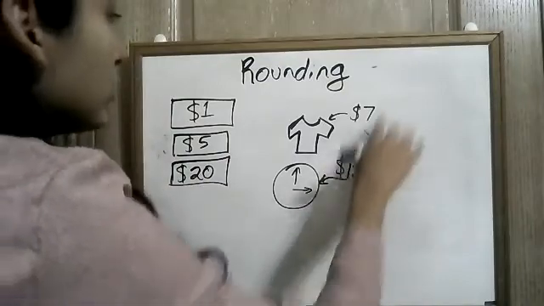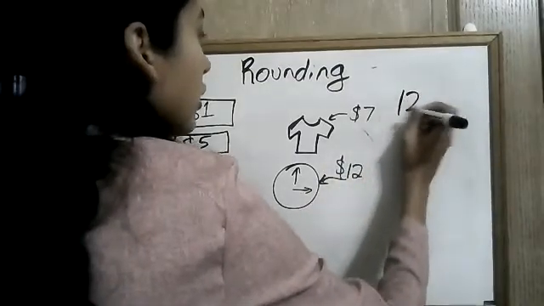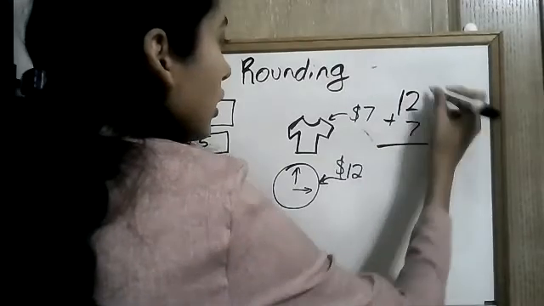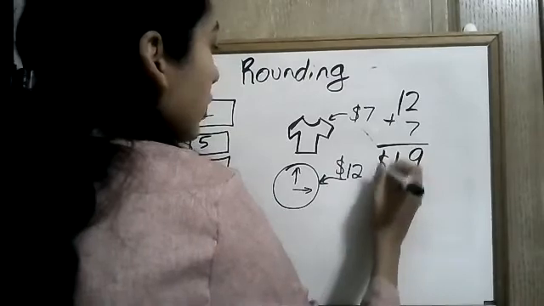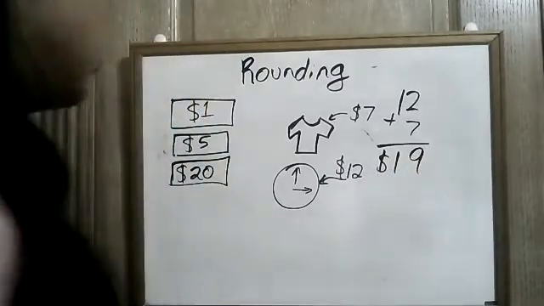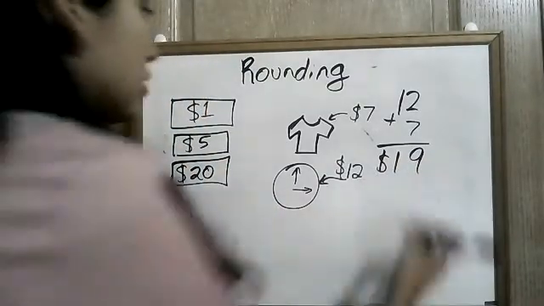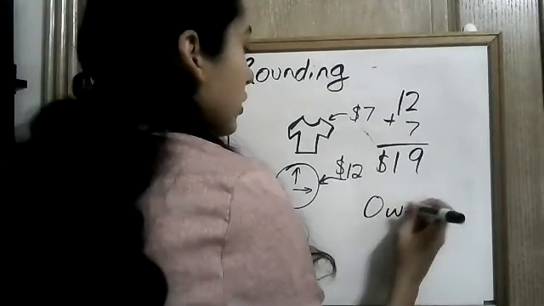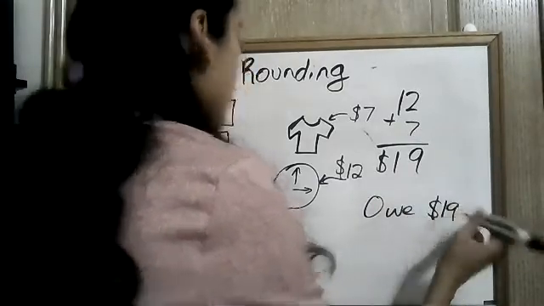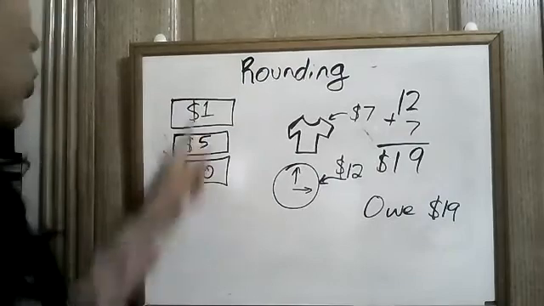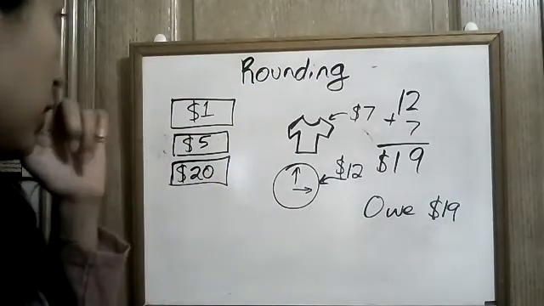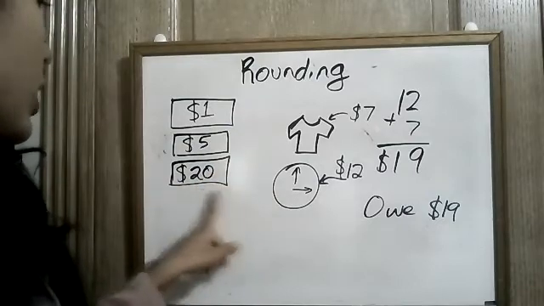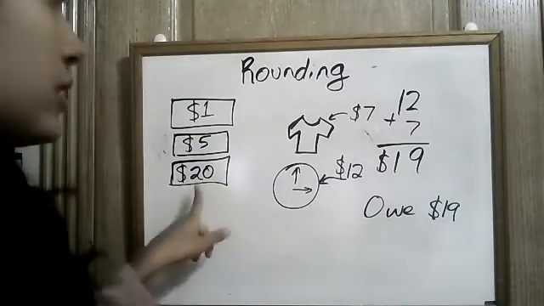So if we add these two numbers together, this is $19. You have to pay $19, so you owe $19. But you only have $26. You have a 20, a 5, and a 1. So the closest dollar bill that you have is a 20.